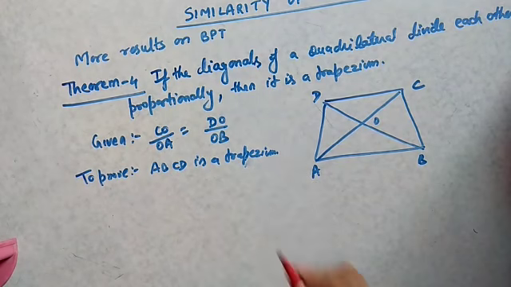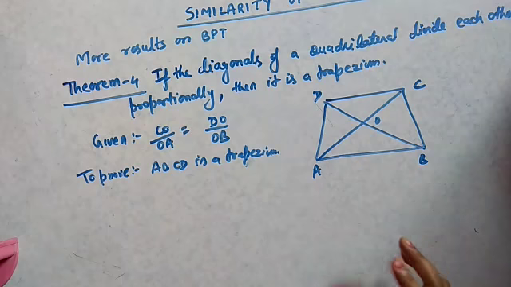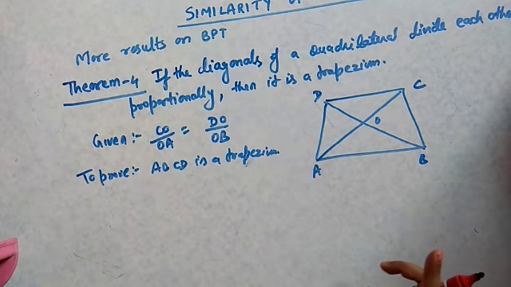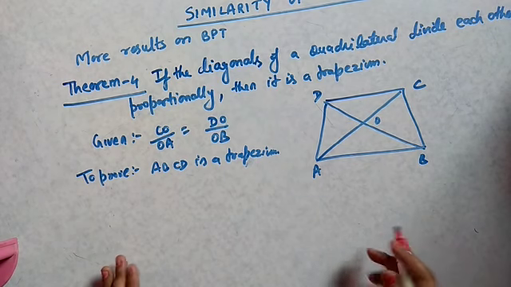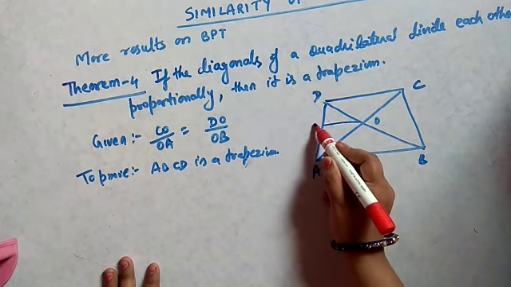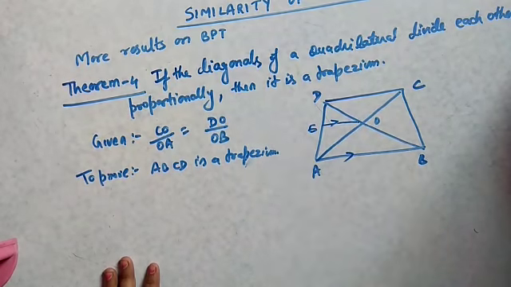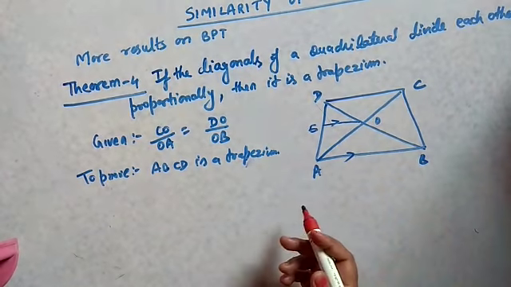Whenever in a quadrilateral the diagonals are dividing each other in equal ratio, then that quadrilateral will be a trapezium. So let us prove this. To prove this, we have one construction: I am drawing a line OE which is parallel to AB.